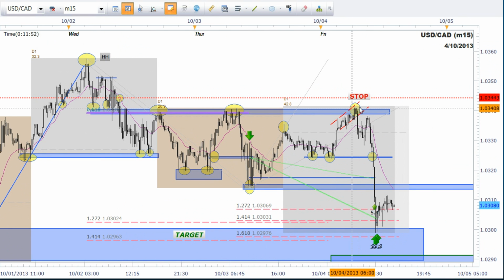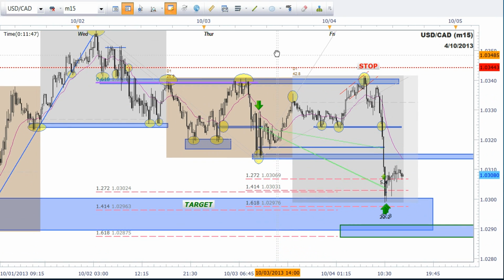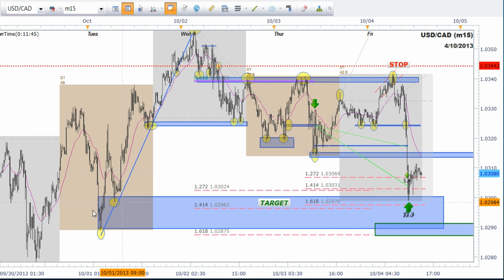Price is not going to take off and go up until it breaks this resistance. Price is not going to continue further down until it breaks this support.